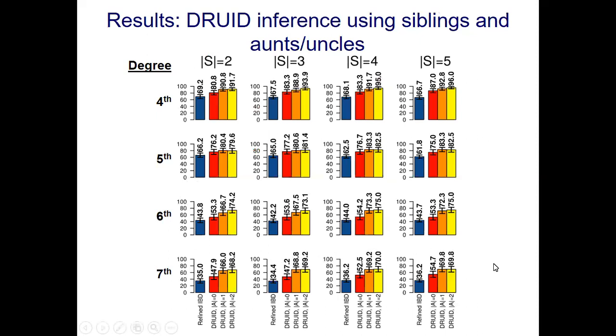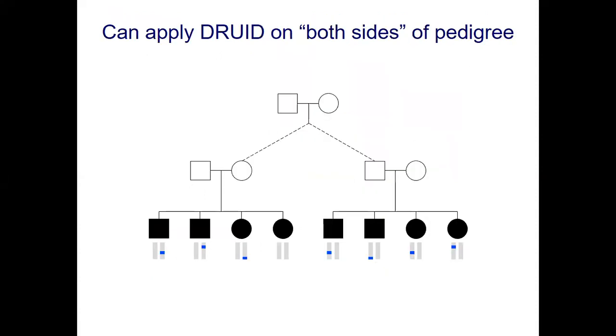With very large numbers of siblings and 2 aunts or uncles, DRUID can infer almost 70% of 7th degree relatives, so these are third cousins, correctly, as compared to only 36% with this pairwise method, refined IBD. So overall, DRUID can infer roughly 30% or more pairs of relatives correctly by using these aunts and uncles as compared to a pairwise approach.